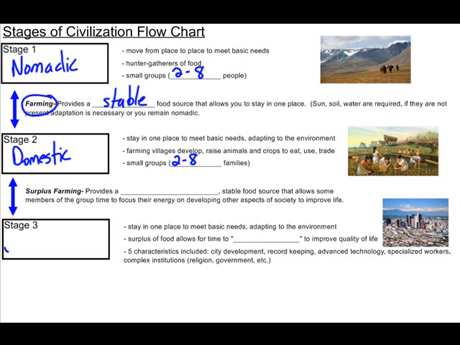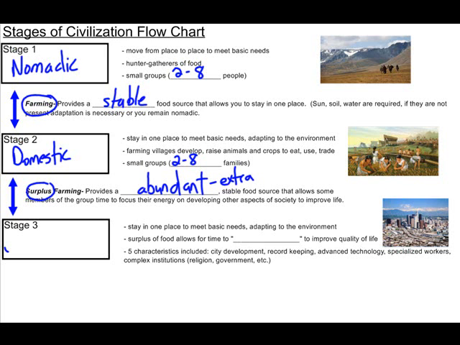Now, the next change agent is going to be what we refer to as surplus farming. This provides an abundant, stable food source. There's extra food, which is the definition of surplus, that allows members of the group time to focus their energy on something else other than just meeting their basic needs every day.